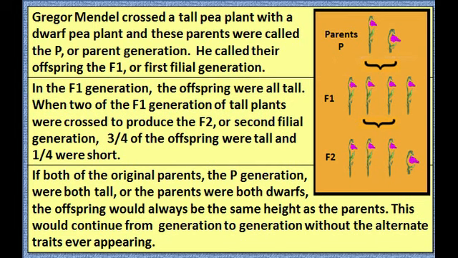If the parents in the P generation were both tall, or the parents were both dwarfs, the offspring would always be the same height as the parents, and this would be true for each of the following generations, without the alternate trait ever appearing.